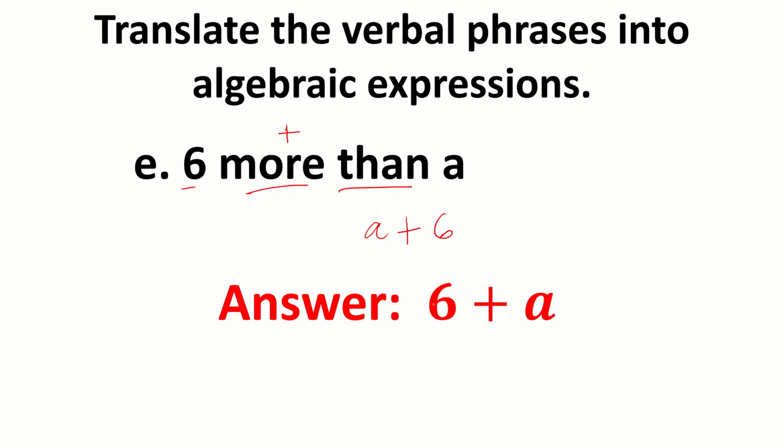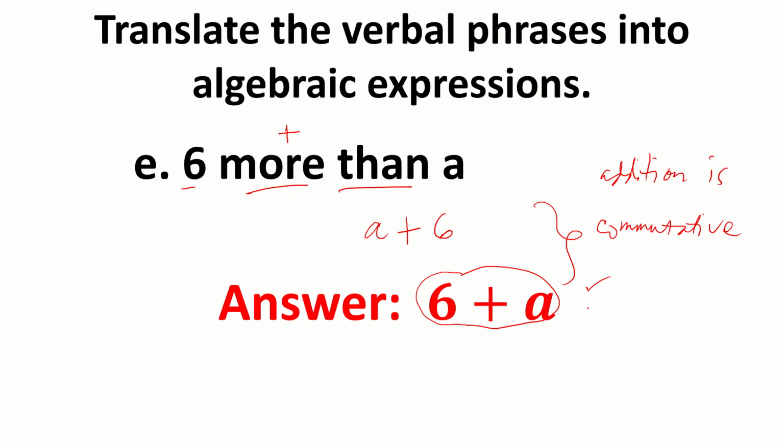So this answer would still be valid because again, we're just dealing with addition, so it's okay because addition is commutative. So it would be fine if the operation is just a plus, but if it's a minus, interchanging the two is not correct.